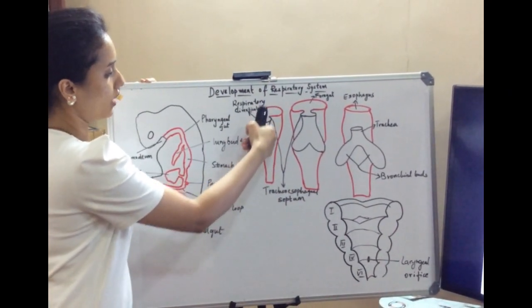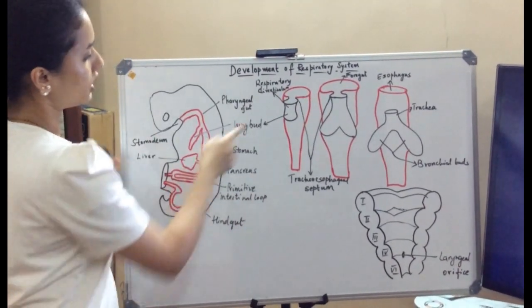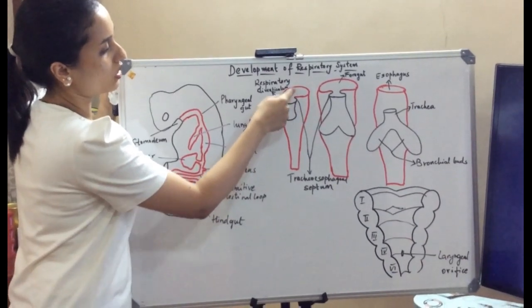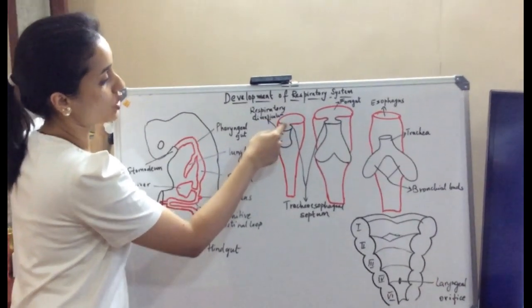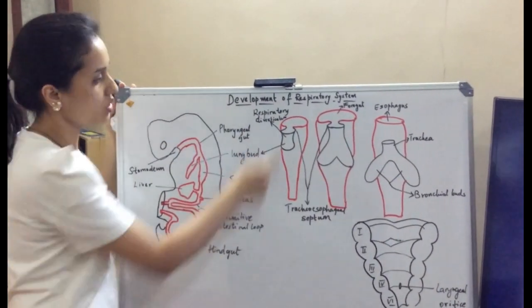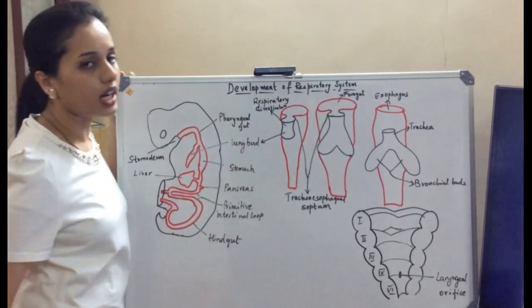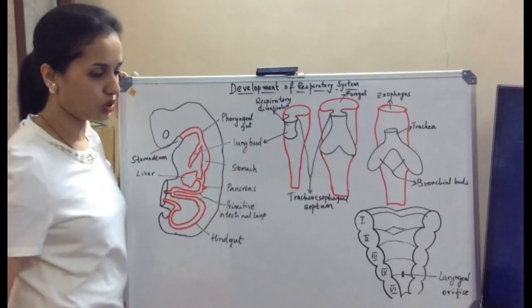And this is the diverticulum, respiratory diverticulum. Okay, so initially this diverticulum has open communication with the foregut. Okay, so this is the foregut and this is the diverticulum. So there will be a connection or a communication between those two.